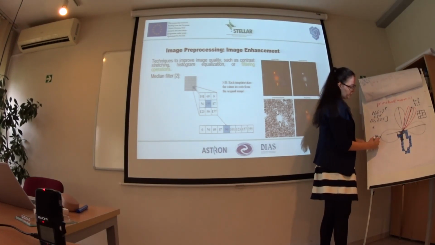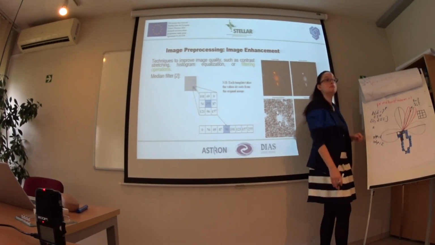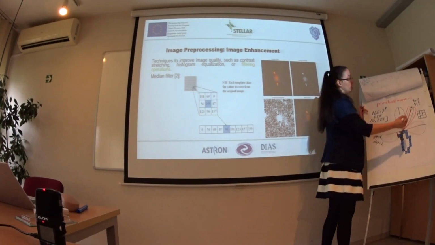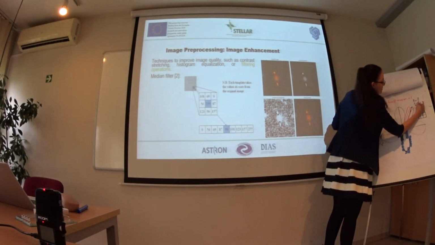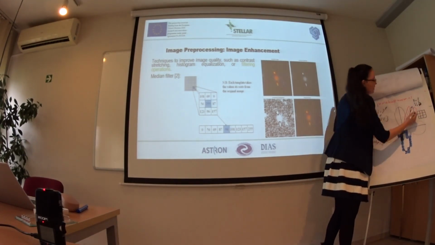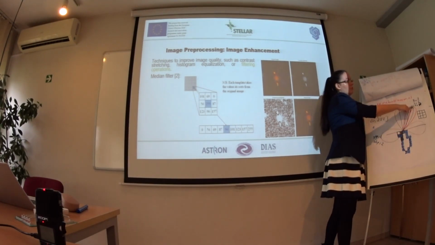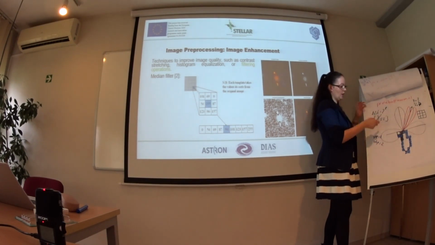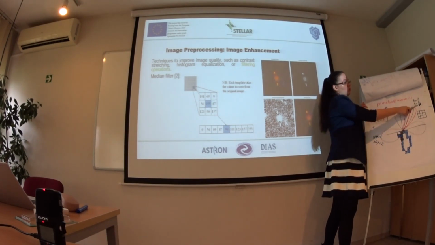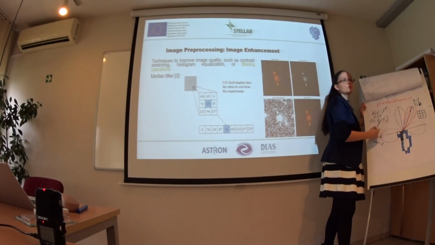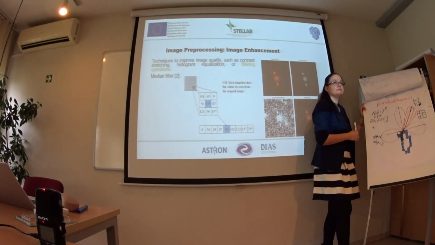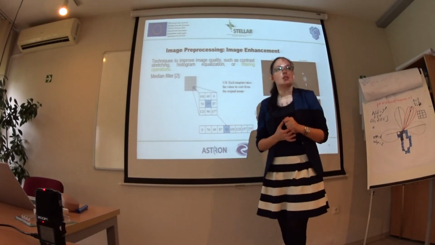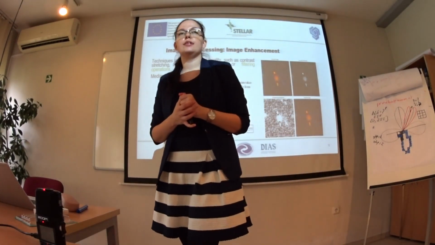You need 7 by 7? Yes, you can manage the size of the filter. But what will you have if you have a smaller resolution and you use a bigger filter? So it's up to your data.